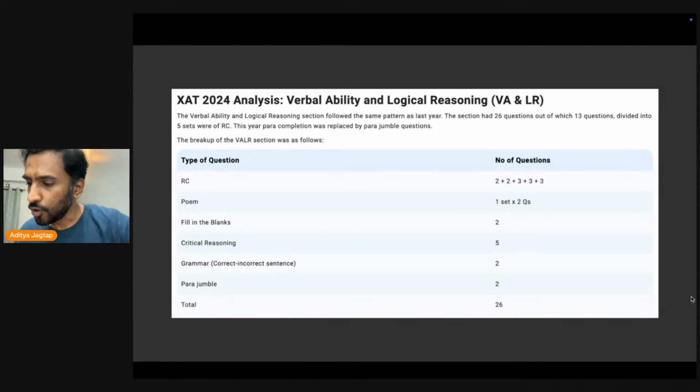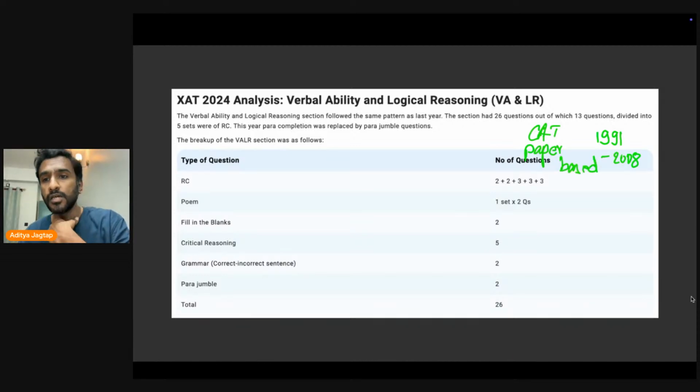Okay. So before we get started with these, RCs are very similar to CAT. In fact, XAT is the only exam compared to the other MBA exams which comes really close to CAT. The reason is that from 1991 till 2008 CAT was paper based. I've of course spoken about this multiple times before because this is important.